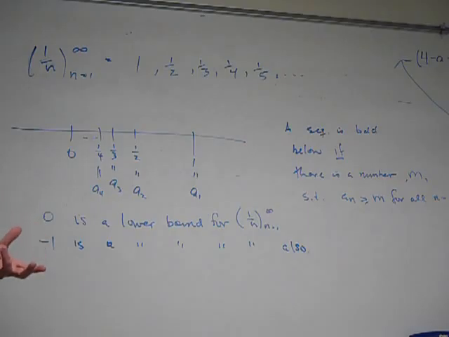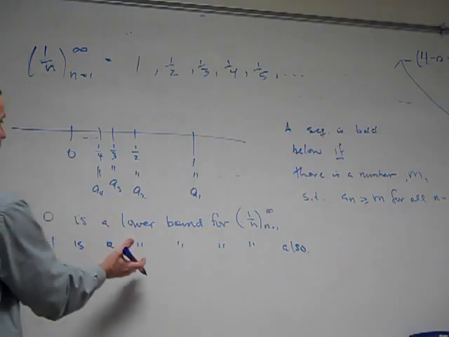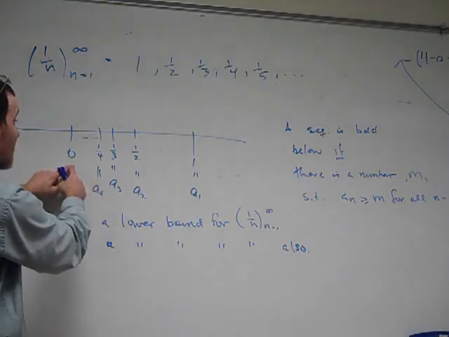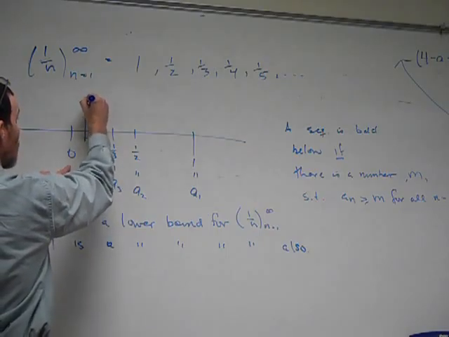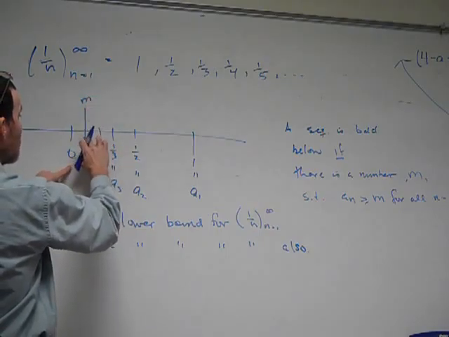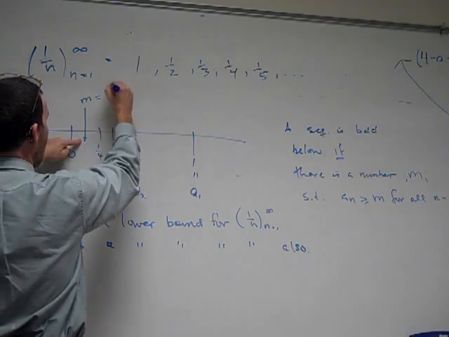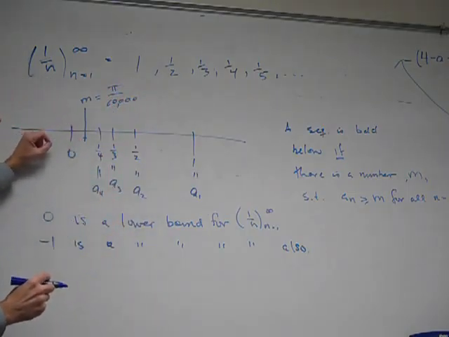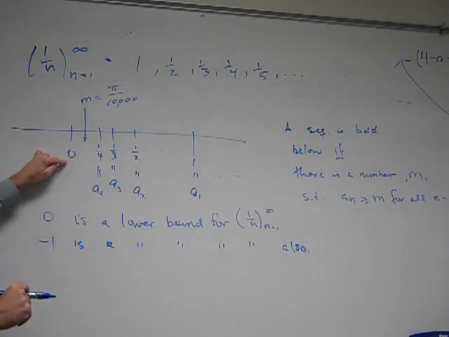Hence the word greatest lower bound. Of all the lower bounds, what's the biggest one? 0. Because anything bigger than 0 is not a lower bound, right? If I picked a number m in here, like pi over 10,000, that's a really small number, really close to 0, right?